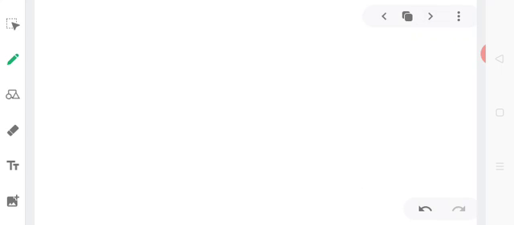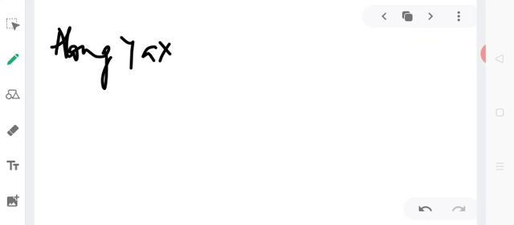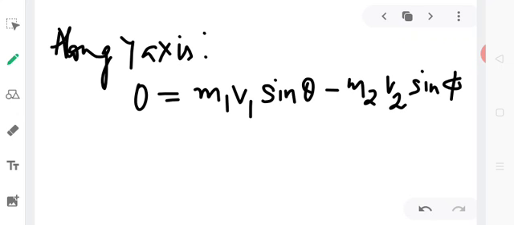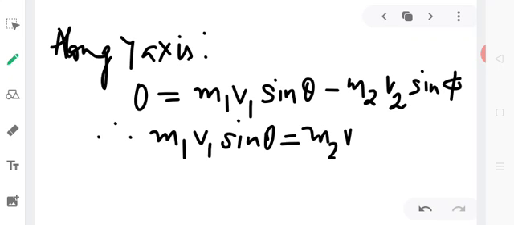So, applying the law of conservation of momentum along the y-axis, we can write down the initial total momentum was 0, and that is equal to m1 v1 sine theta minus m2 v2 sine phi. So therefore we can write m1 v1 sine theta equal to m2 v2 sine phi. Let us mark it as equation number 3.